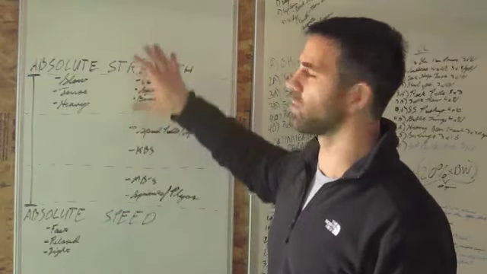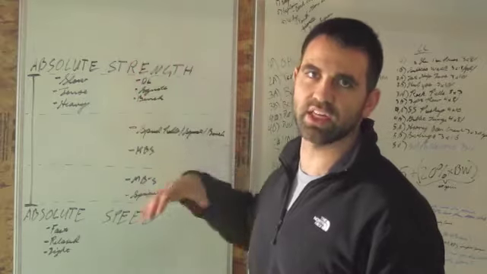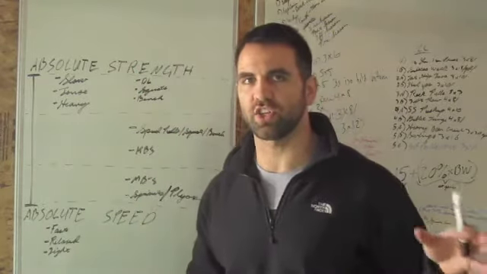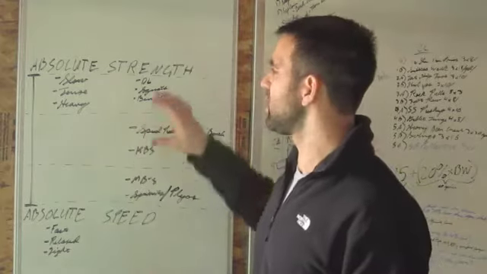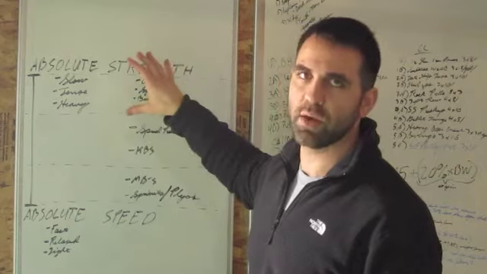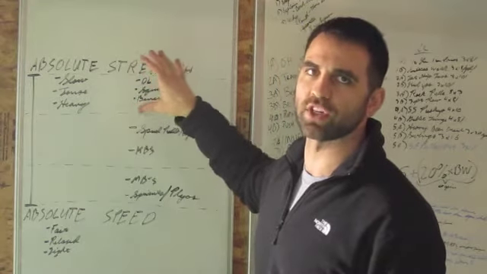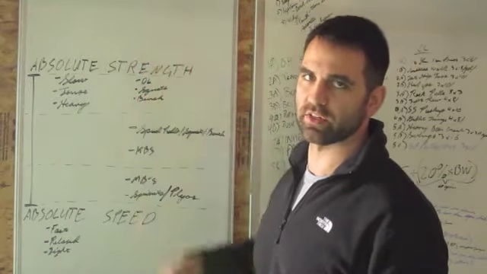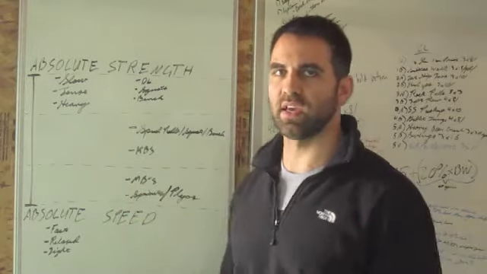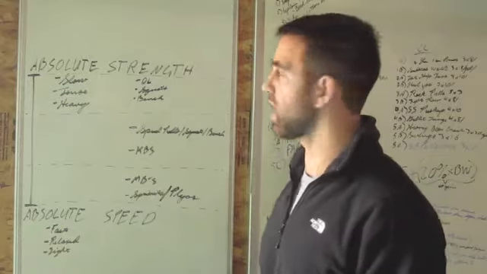So they need to work back towards the absolute strength end of the spectrum. In their training, outside of their competition and their practice, they need to be doing heavier, not necessarily super heavy, but moving weight slower, more controlled, more towards the absolute strength end, and less towards the absolute speed end, because they already get enough of that in their play and in their practice.